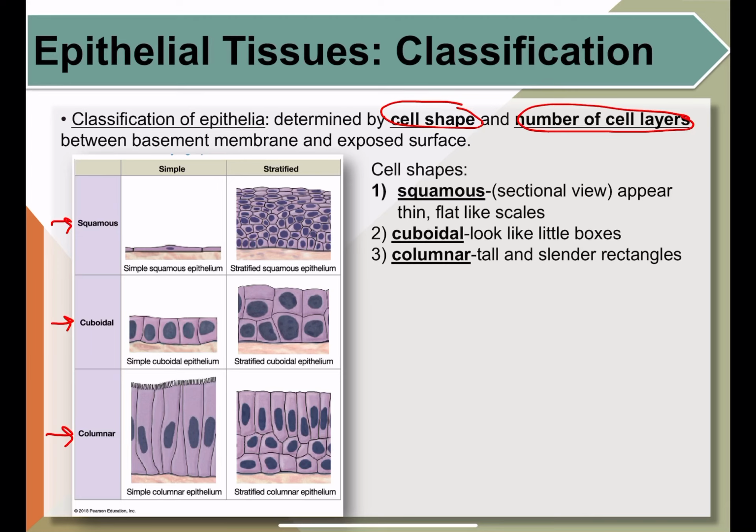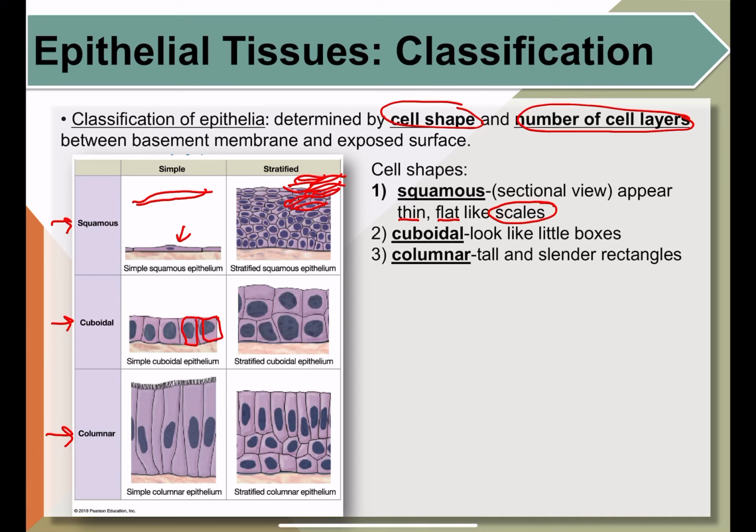For squamous, they tend to appear thin and flat, and they look a little bit like scales. Sometimes they look like this, sometimes you will see something like this. When they're in many layers, sometimes they will look like tons of scales all attached and stacked on top of each other. Cuboidal is the second type of cell shape, and it is shaped like it sounds, like little cubes or boxes.